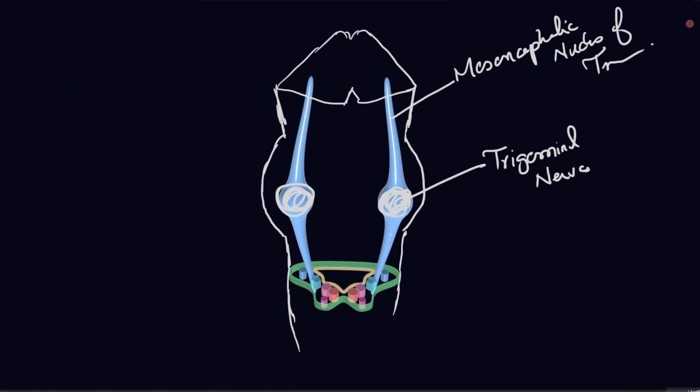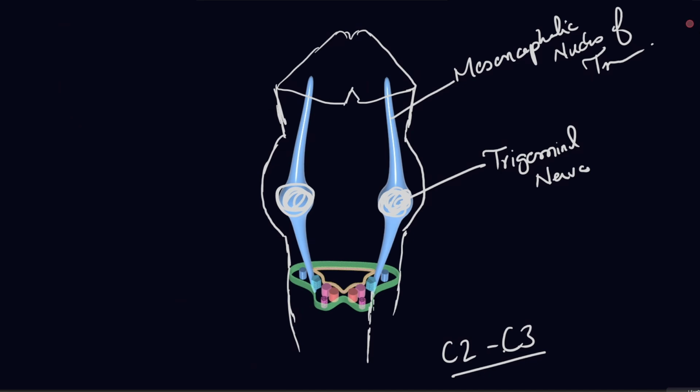Then this downward extension, this caudal extension, is going into the spinal cord up to C2 or C3 cervical sections. Of course, as it goes to the spinal cord, it has to pass through our beloved medulla oblongata.